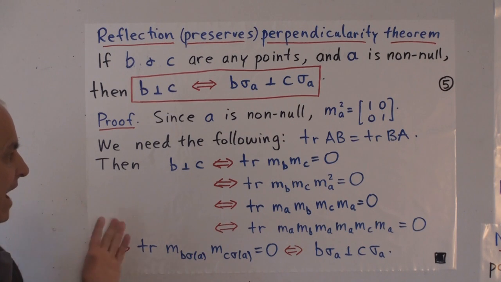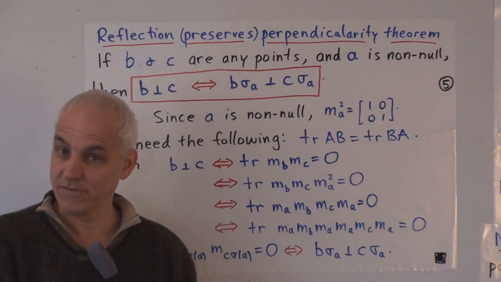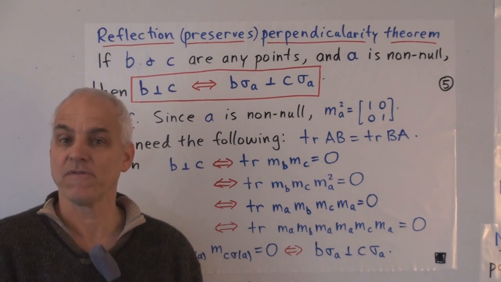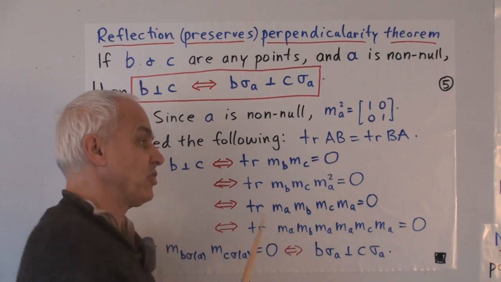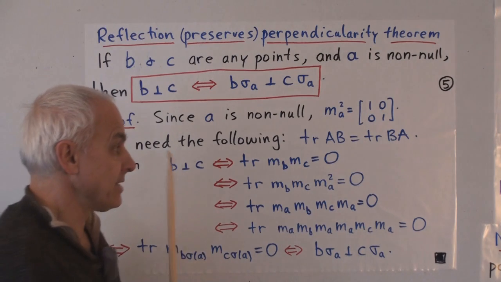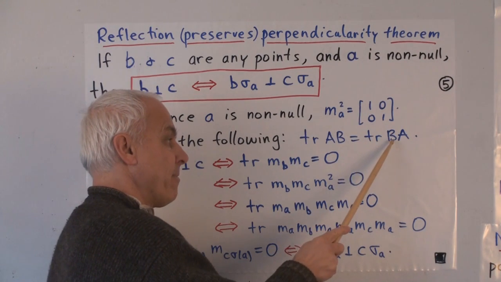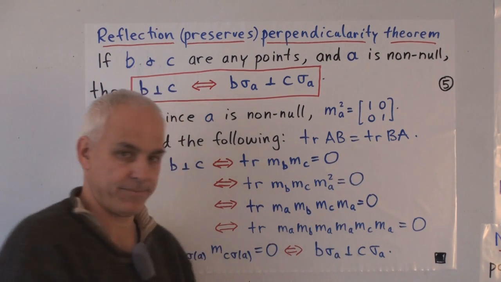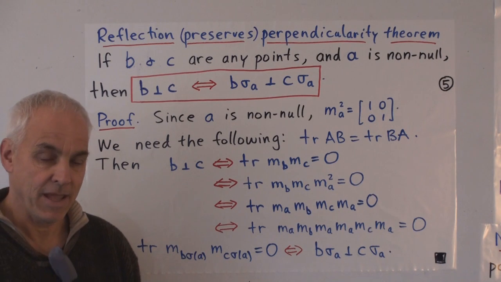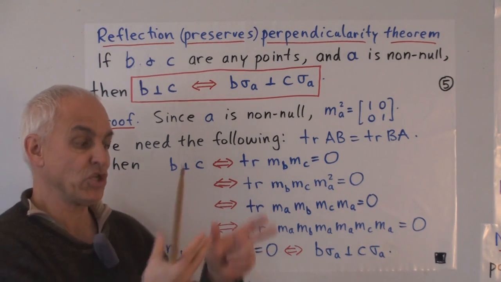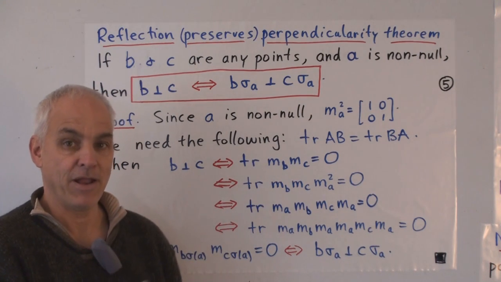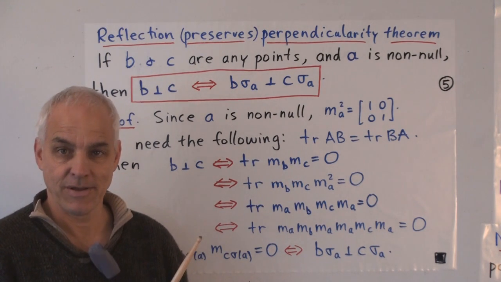We need to know a fact about the trace of a product of two matrices, an important fact from linear algebra. And that is that the trace of the product of two matrices A, B is the same as the trace of the product B times A. In general, matrix multiplication is not commutative. If you change the order, the product does change.